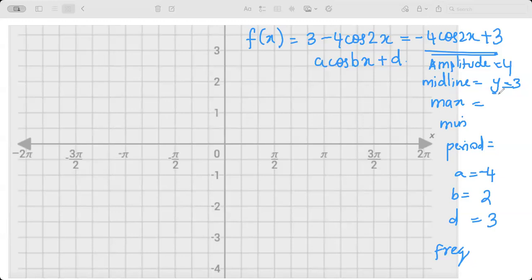From 3, you have to add the 4. 7. Good job. Now, minimum? 4 down from 3. Minimum is -1. Sorry, max is 7. Period is what?